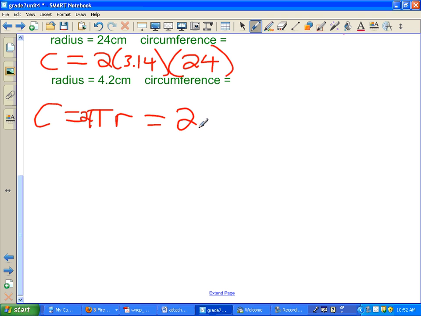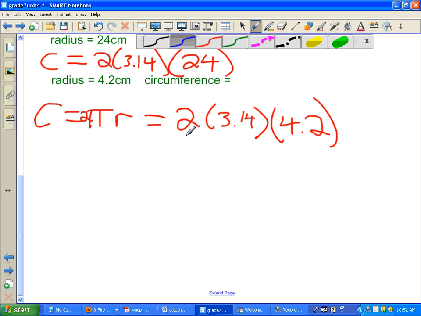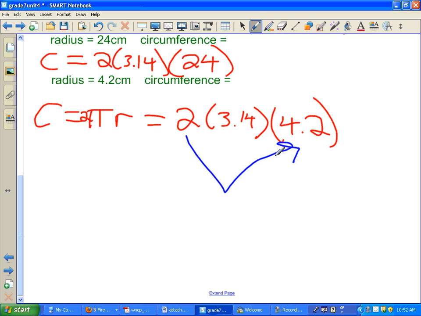So it's going to be 2 times 3.14 times the radius, which is 4.2. When you look at it, it makes sense because double the radius is really the diameter, isn't it? So if you don't know the diameter, you just double the radius. That's why that formula works.